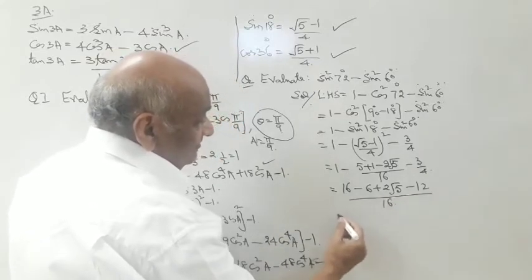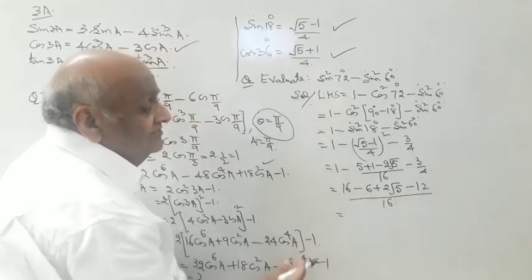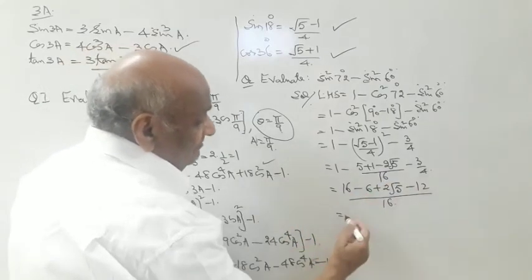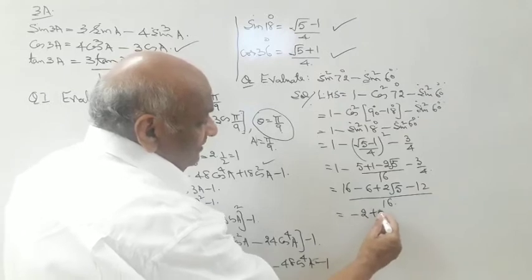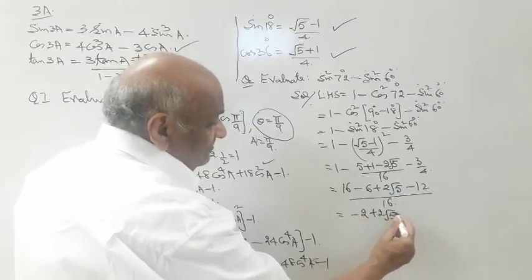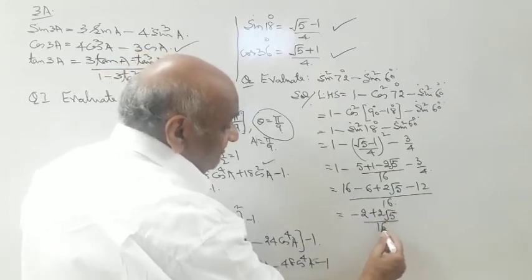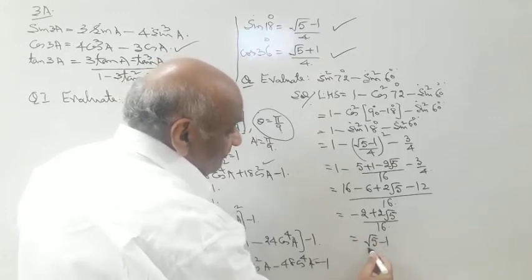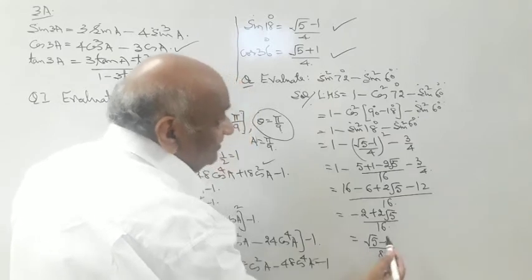Simplify like this: it becomes 16 minus 18 minus 2 plus 2 under root of 5 upon 16. So the value comes out to be under root 5 minus 1 upon 8.